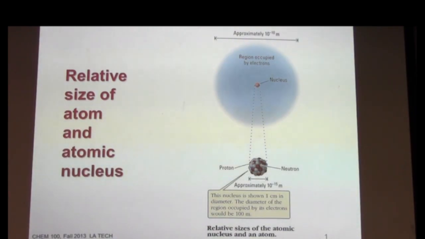If you scale up everything distance-wise, the electron will be about 5 miles away.